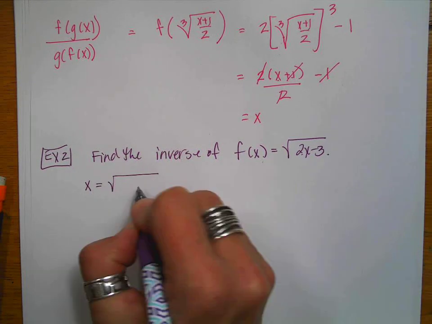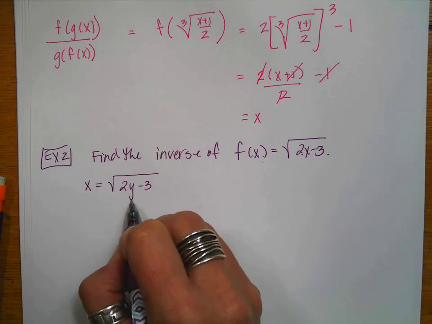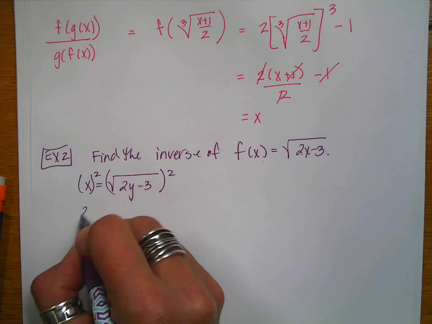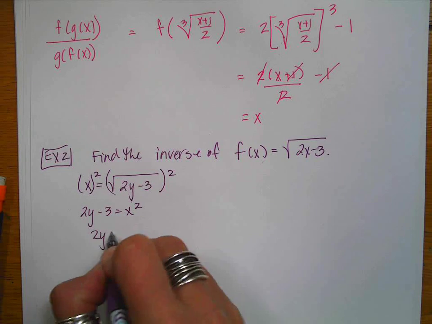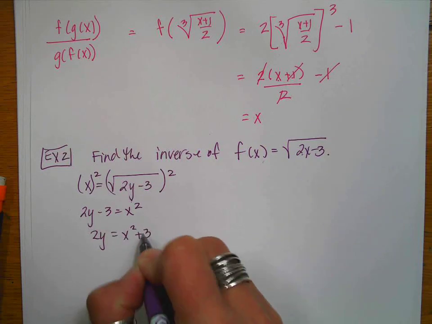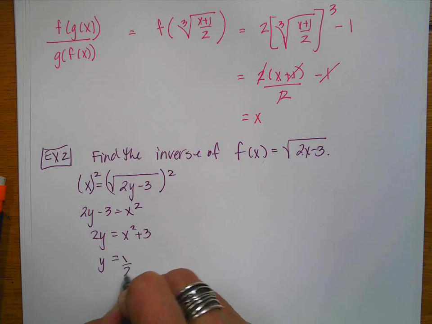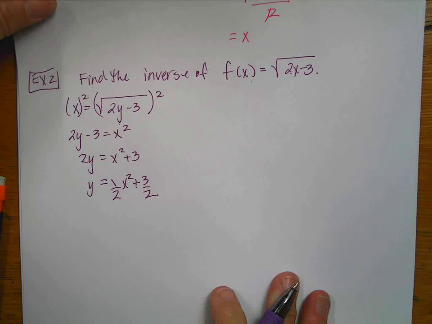So I'm going to do x is equal to the square root of 2y minus 3. The goal is to solve for y, so I'm going to square both sides of the equation, and I get 2y minus 3 is x squared. 2y equals x squared plus 3, and then y is going to equal 1 half x squared plus 3 halves.